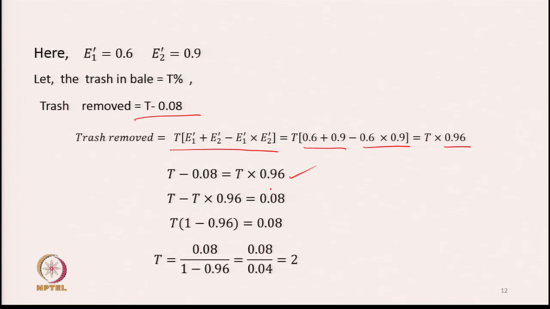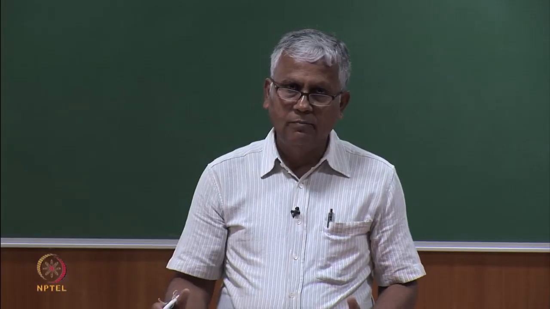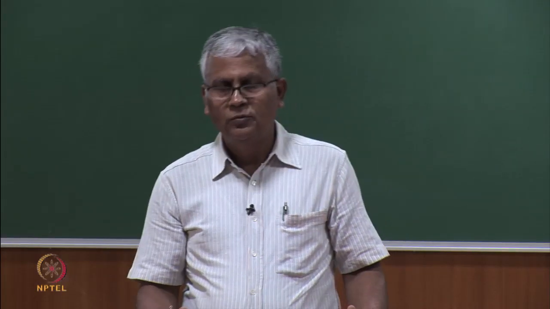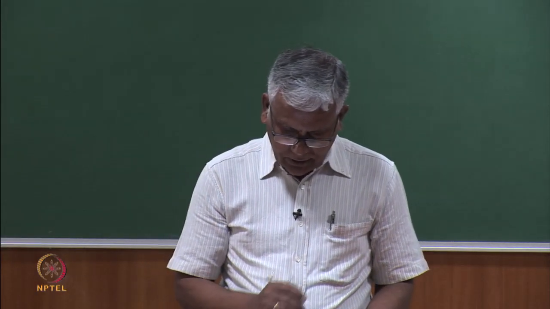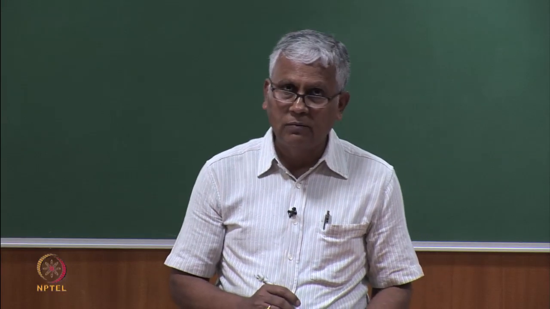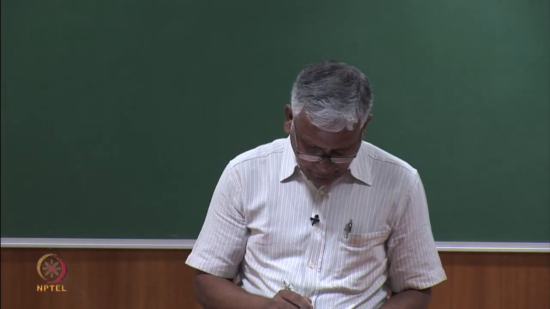This is a simple equation now, and we take T common, and now we can find out the value of T. This is going to be 0.08 by 0.04, that is 2. That means the level of trash in the input, that is in the bale, was 2%. Okay. So, this is how this simple problem can be solved.